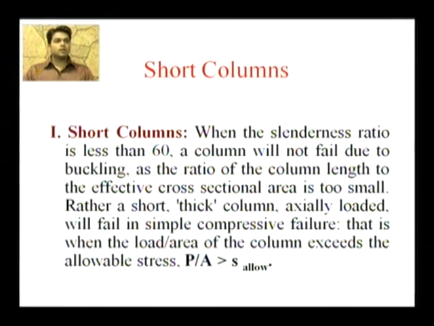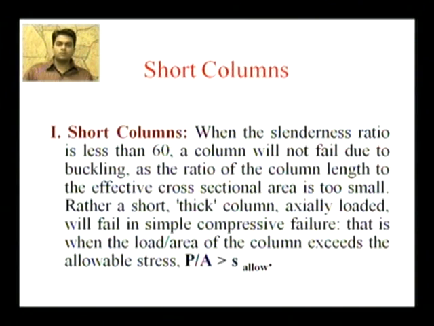Now take a look at short columns. When the slenderness ratio is less than 60, a column will not fail due to buckling, as the ratio of the column length to the effective cross-sectional area is too small.